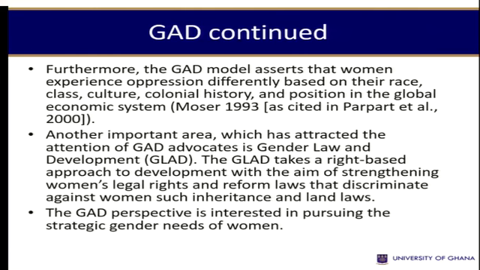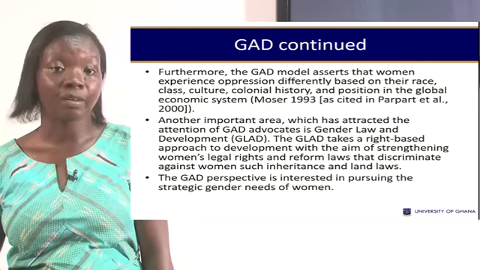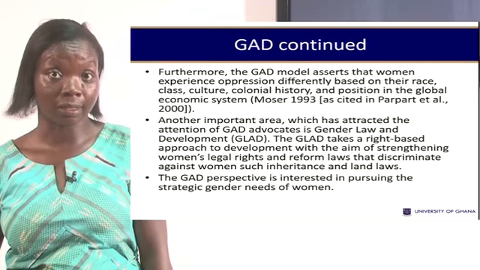Another important area which the GAD perspective draws on is what's come to be known as the gender law and development approach. This is a rights-based approach to development, and the aim here is to strengthen women's legal rights. So to use the law to ensure that women have equal access to the resources that men have traditionally had access to. So the GAD perspective, you can say, is the perspective interested in pursuing the strategic gender needs of women.